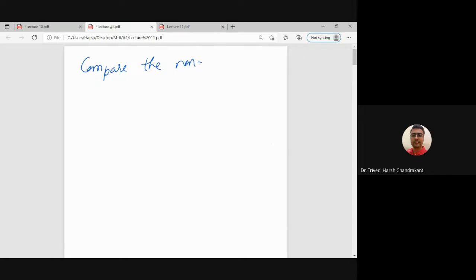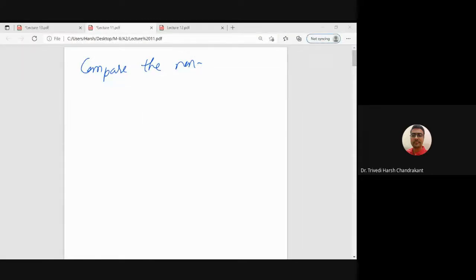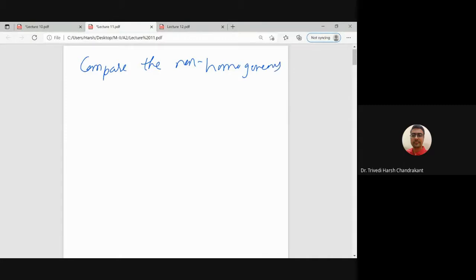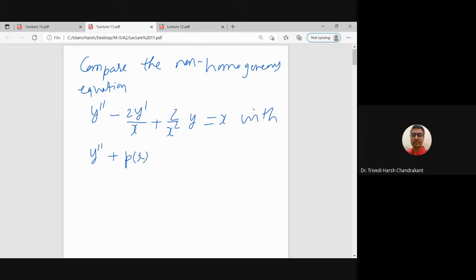So consider or compare the non-homogeneous equation, which is y double dash minus 2y dash divided by x plus 2 by x square y is equal to x, with our standard non-homogeneous equation, that is y double dash plus p(x)y dash plus q(x)y is equal to f(x).